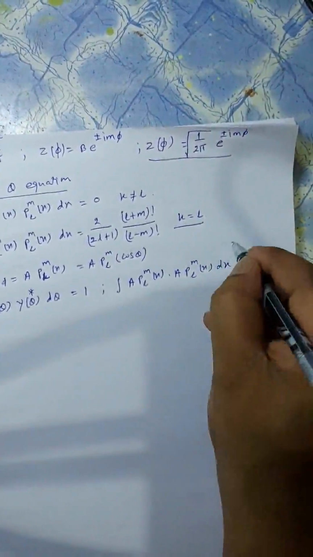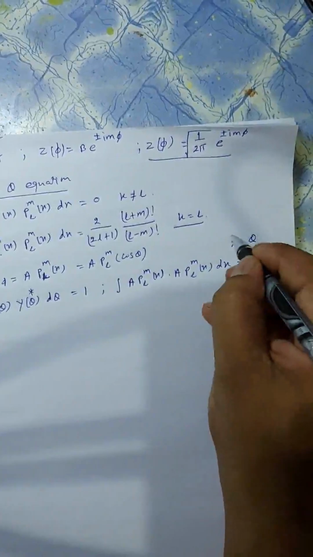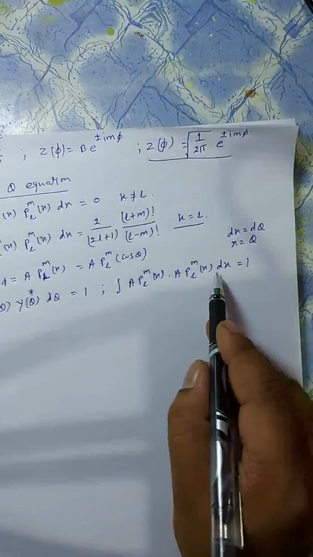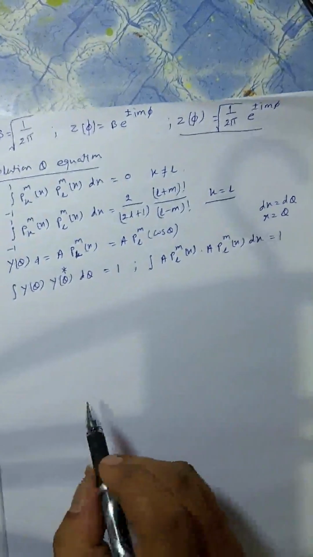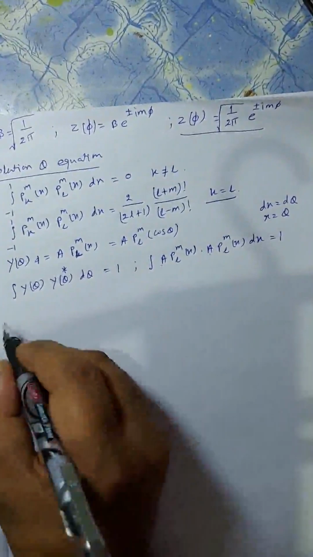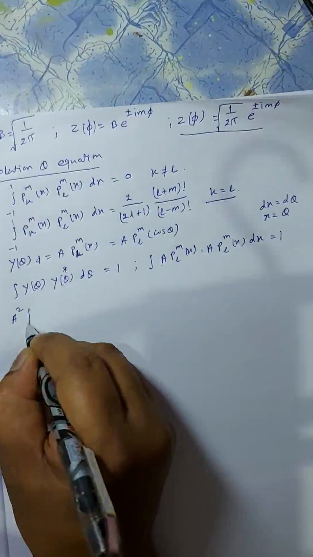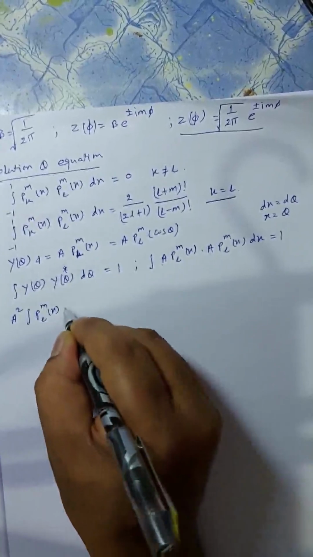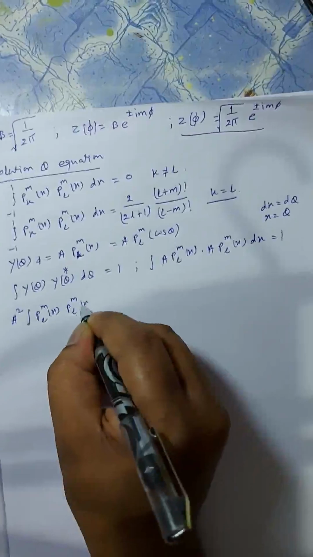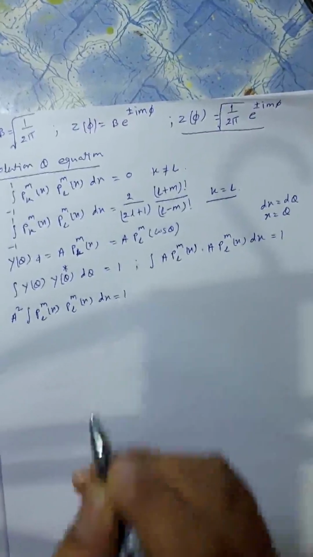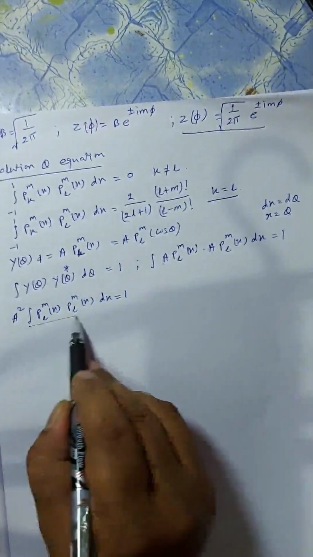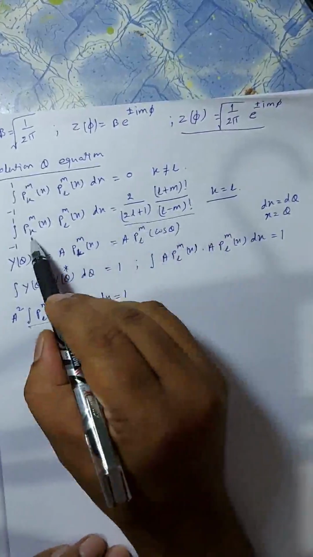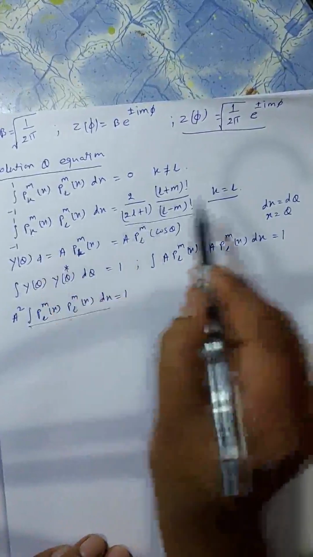Now x is equal to cos theta, so dx replaces d theta. This is A, this is A, becomes A squared. I take it outside, it is a constant. Then the integral of P_l^m(x) squared dx is equal to 1. This value is the same as the earlier value, because in place of k I write l, since k is equal to l.